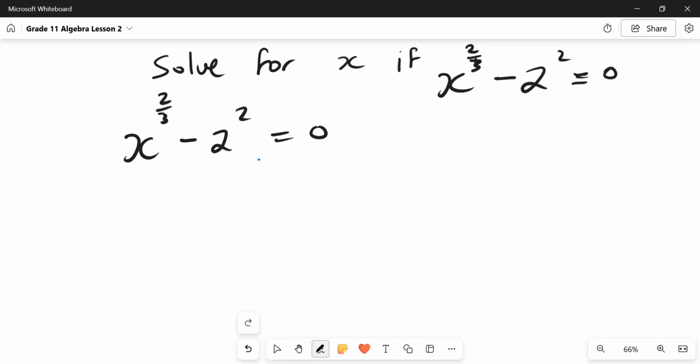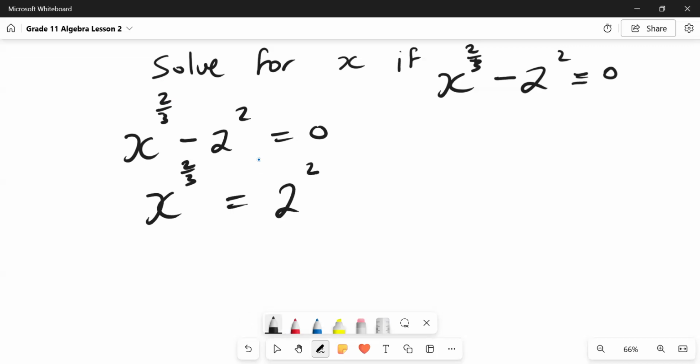Perfect. So for the first step, you'll have x to the power 2 over 3 equals, we transpose. After transposing, you introduce an inverse, meaning this is 2 over 3, so you multiply by 3 over 2, which is the inverse. What you do on the left-hand side, you must do on the right-hand side.